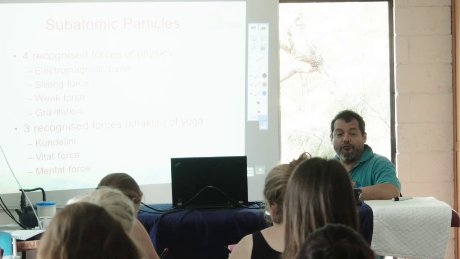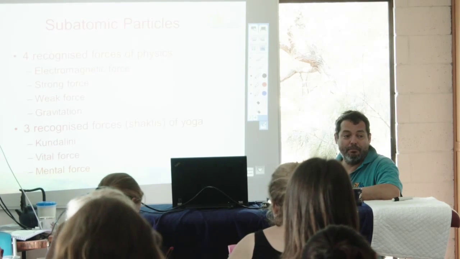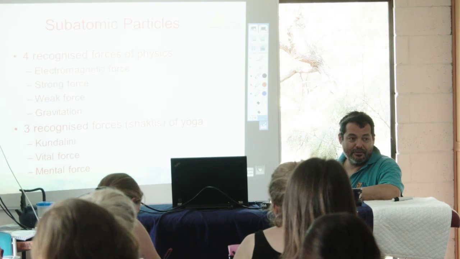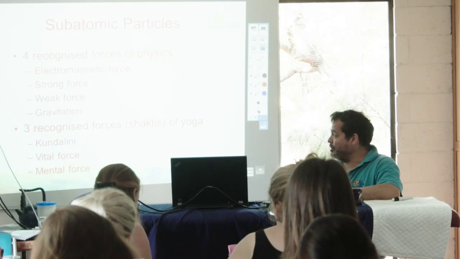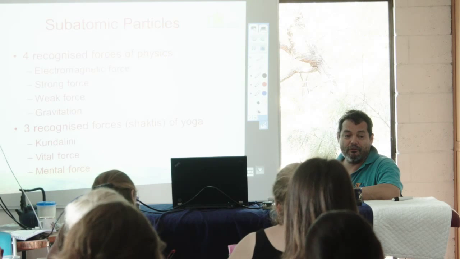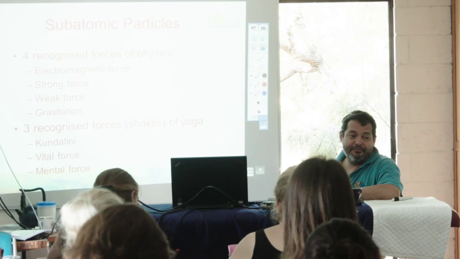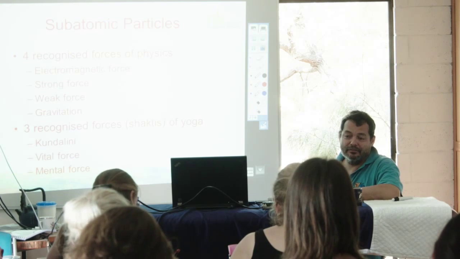We've got the strong force, which is called a gluon, they've measured. The weak force is called a boson, which they've measured. And the gravitation is the hypothetical carrier particle called the graviton. Graviton, yeah. They haven't measured that yet.